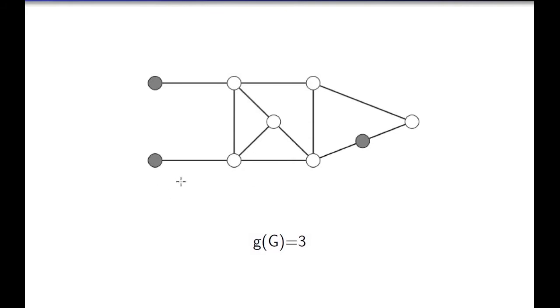So in this case, we must add this leaf and this leaf to the geodetic set S, and we must also add this vertex to the set S. So finally, the geodetic number g is equal to 3. And we can observe that every vertex outside the set S lies on some geodesic between two vertices from the set S.